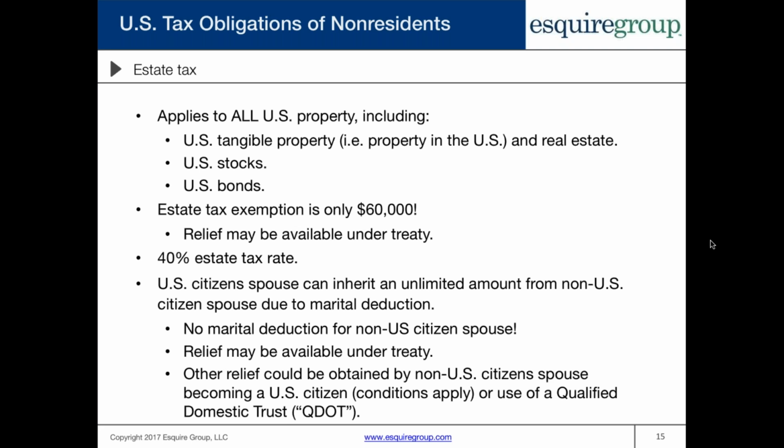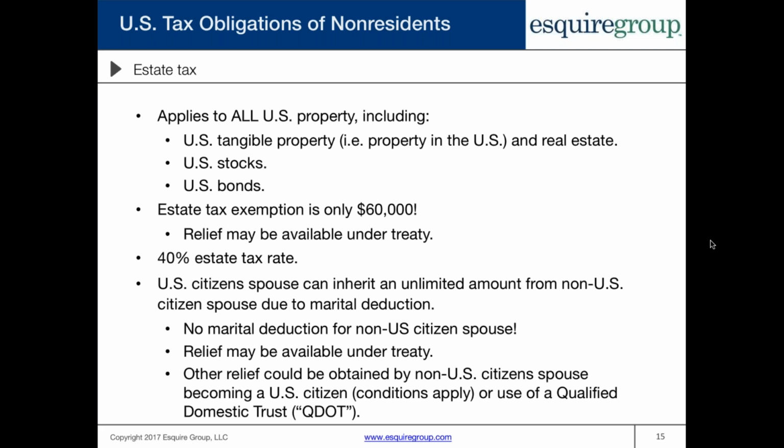Now, the U.S. does give non-resident aliens an estate tax exclusion. However, it is only $60,000. So any U.S. assets owned by a non-resident alien, if that non-resident alien dies, they're going to be subject to estate tax at 40% of the fair market value on any assets over and above the $60,000 exemption.